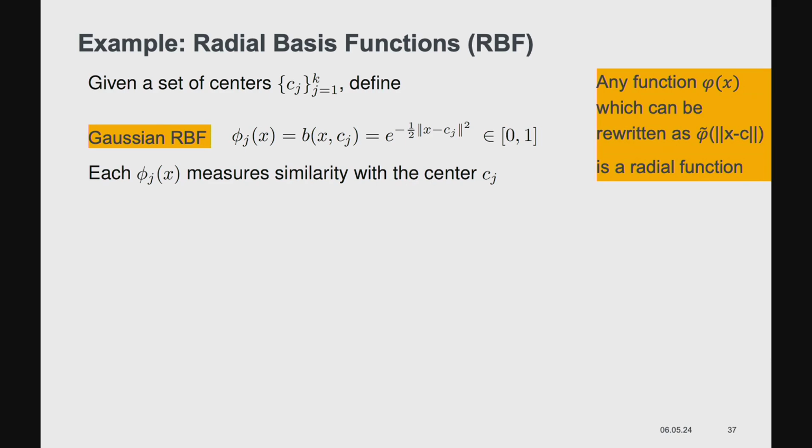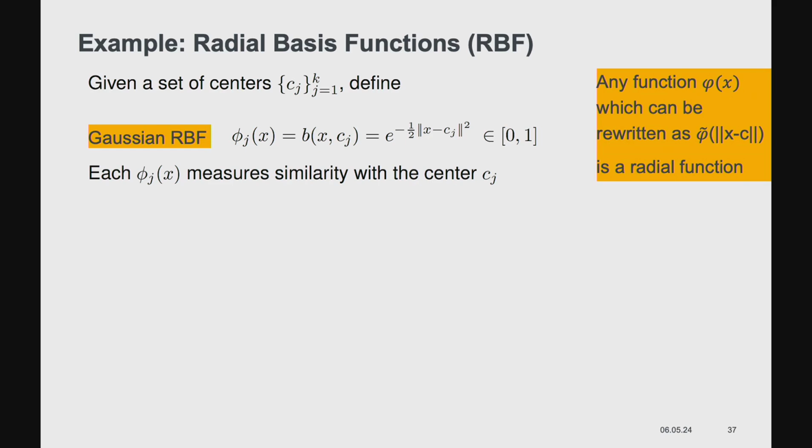When I do a one-dimensional consideration of this function, I have here my center. Then the values of my x close to this center are high, and further away they approach 0 rather quickly. It's basically a kind of Gaussian distribution, or Gaussian-like.